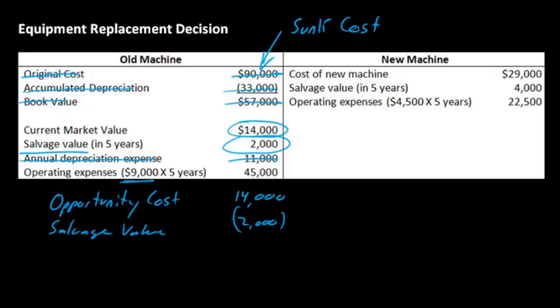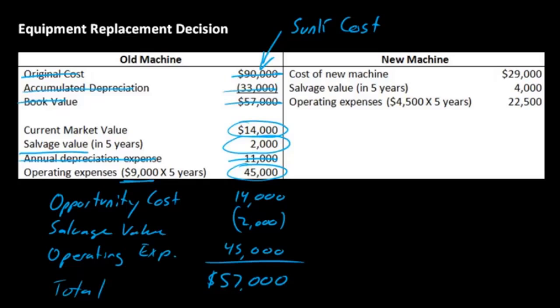To keep this current machine running, I'm having to spend $9,000 a year to keep it going, if I plan to use it for 5 more years. So we have $45,000 in operating expenses. So we have a total here, and we get $57,000. So that is what it's going to cost us to hold on to the old machine.